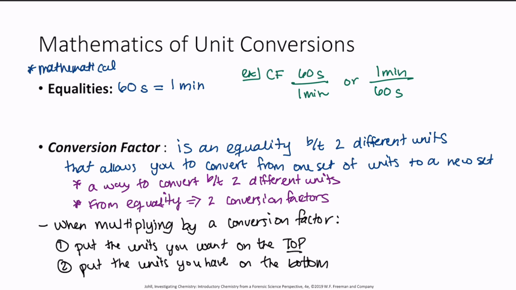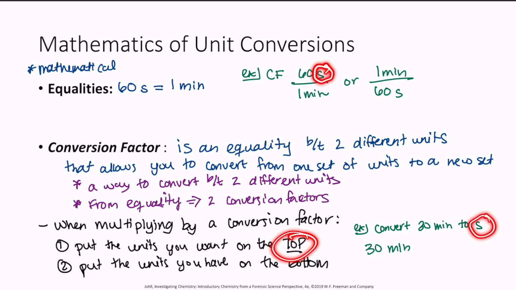So if I was trying to convert, let's say 30 minutes into seconds, I would start with my 30 minutes. Now I want to put the units I want on the top, and the units I want are seconds. So I'm going to write 60 seconds over 1 minute.